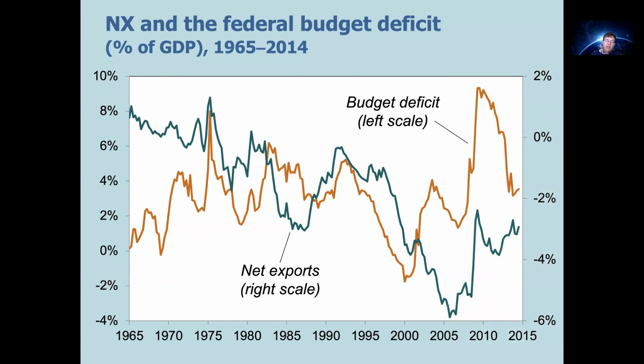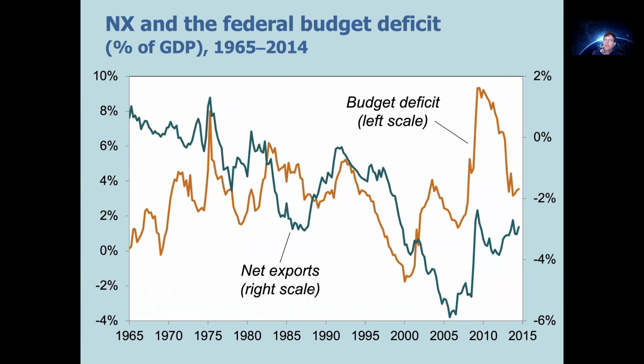Now, here's another relationship that is not an identity, but is an important economic relationship that you should pay attention to. The US budget deficit, when we get to the theory, I'm going to argue has an effect on capital flows and therefore on net exports.